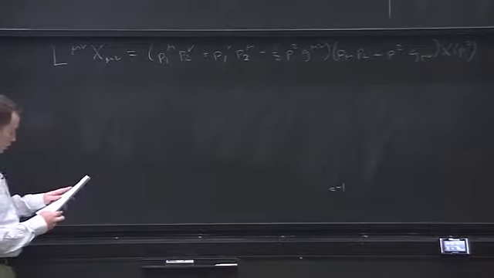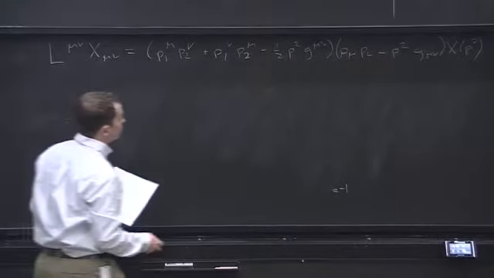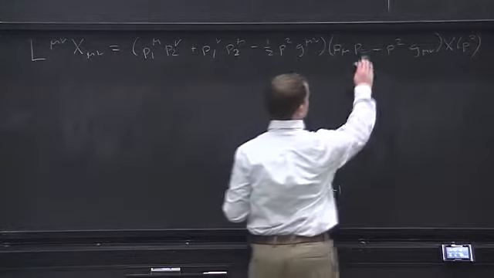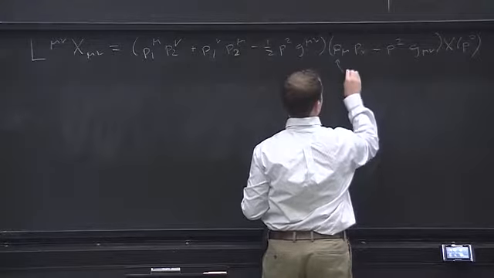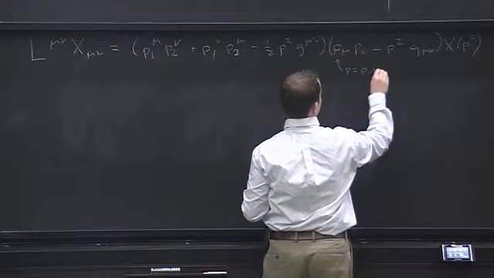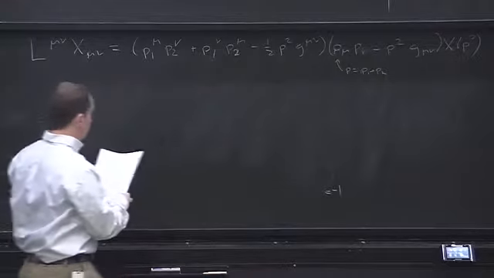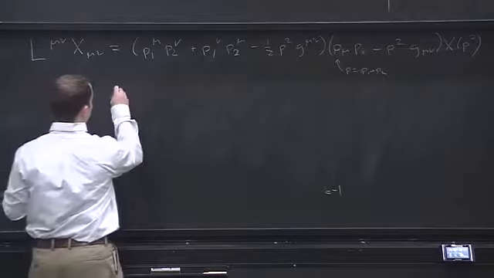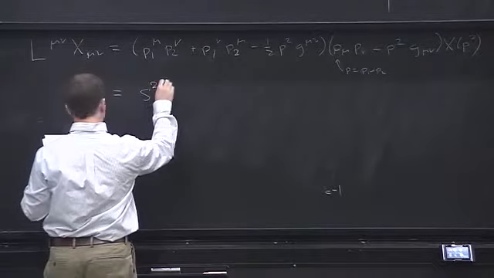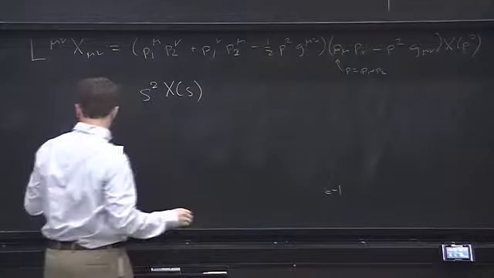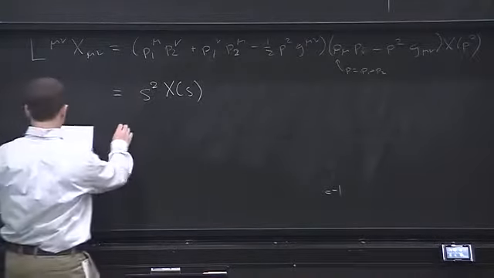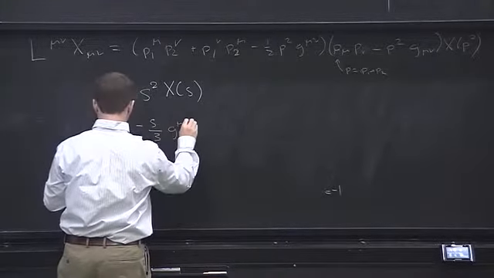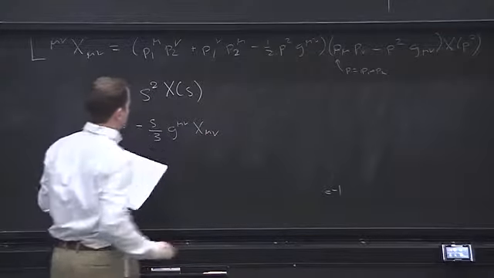So using the fact that p is just the total momentum, so p is p1 plus p2, this is just some straightforward algebra to show that this is just s squared times X of s, which we can also write as minus s over 3 g mu nu X mu nu.